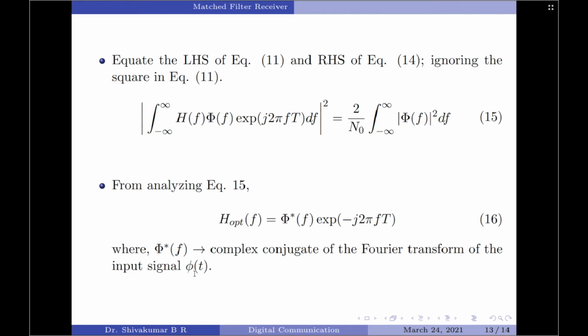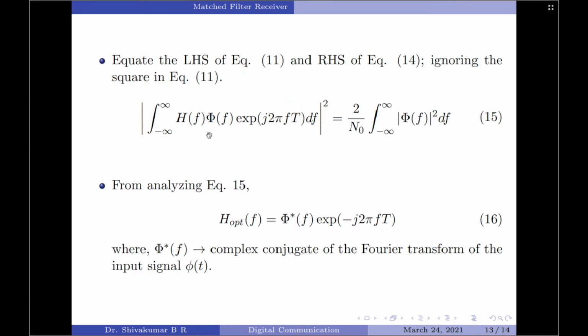Let us verify whether this is correct. If I replace H of f by the RHS of equation 16, what I will have is phi star of f into exponential of minus j2 pi f capital T, followed by phi of f into exponential of plus j2 pi f capital T. So the exponential of minus term and the exponential of plus term cancel out.